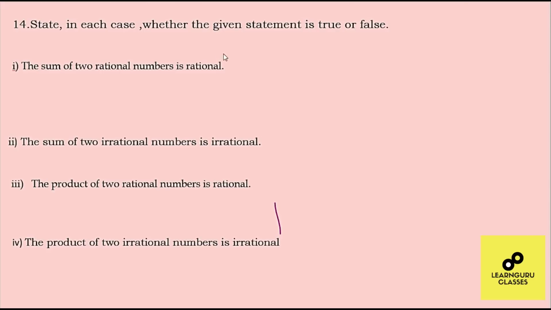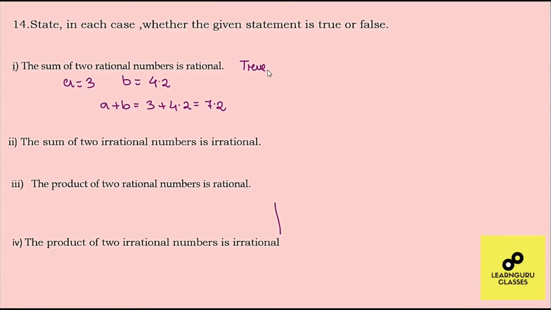So suppose one number is 3, another number is 4.2. So A plus B: 4.2 is also a rational number, 3 is also a rational number. So 3 plus 4.2 will give you 7.2. So 7.2 is a rational number. So from that we can say that the sum of two rational numbers is rational.